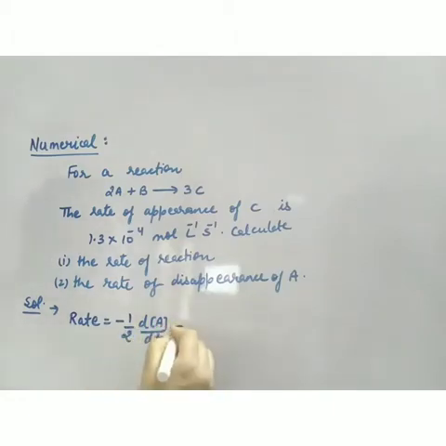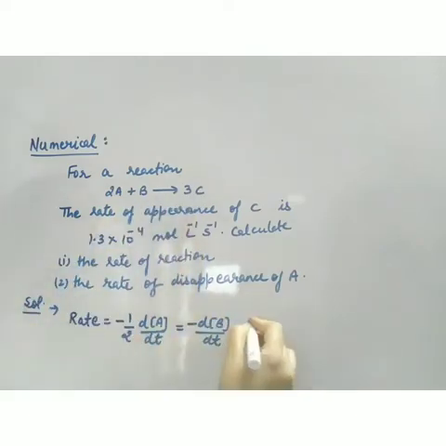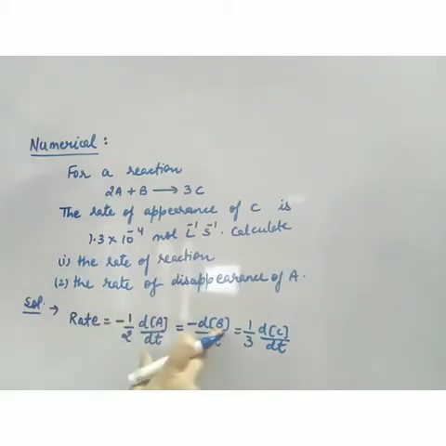It is equal to minus dB upon dt. Since these two are reactants, the negative sign is there. It is equal to, now C is the product, so 1 upon 3 dC upon dt. Means the rate can be calculated from the concentration of A, from B, and from C also, and all the three are equal.